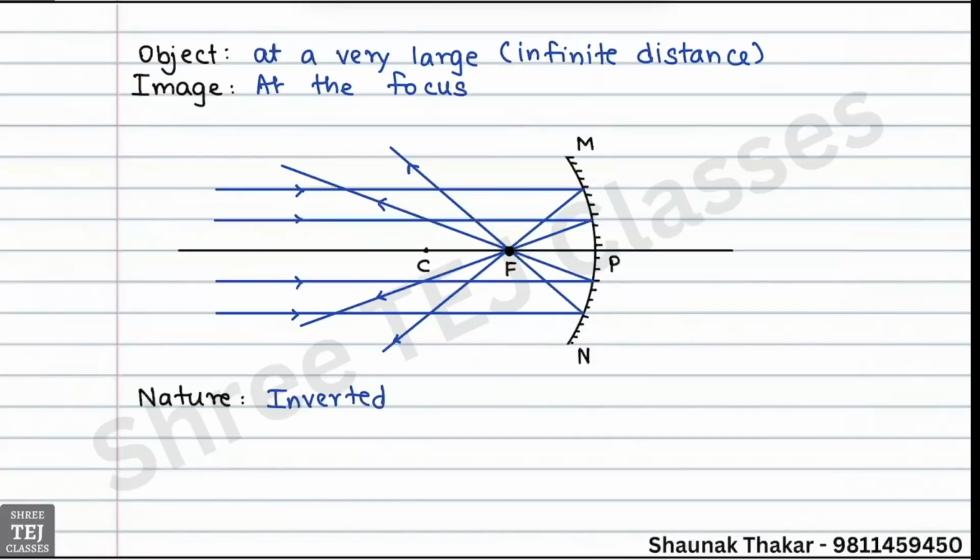So inverted and real, and finally size. We will see that object, whatever size it may be, image is a point, a single point. So we call it point image. Size is point image. So these are images formed by concave mirrors in 6 different conditions. In the next video, we will cover convex mirrors.